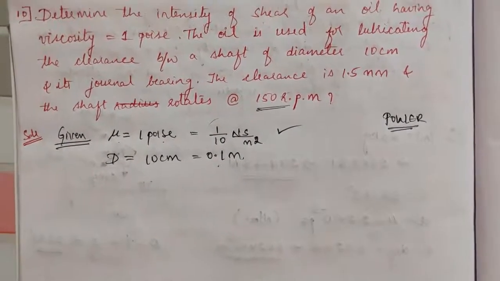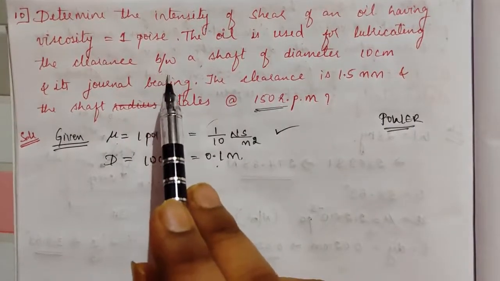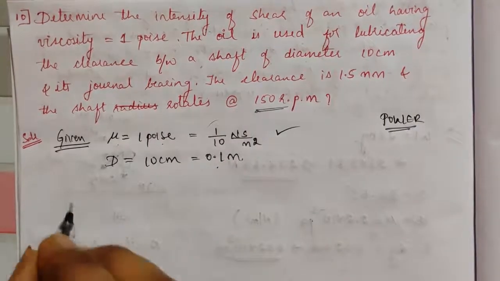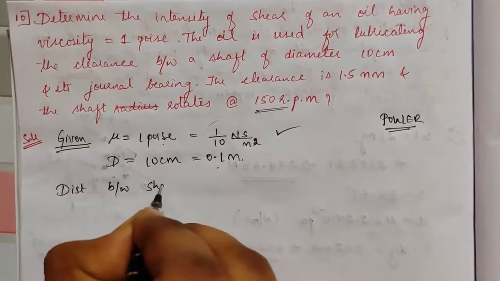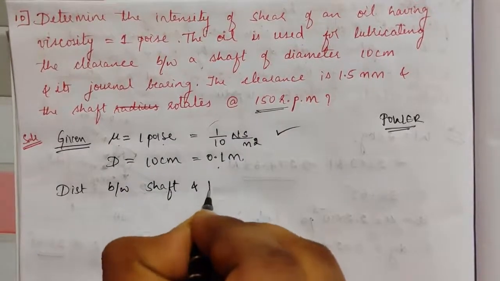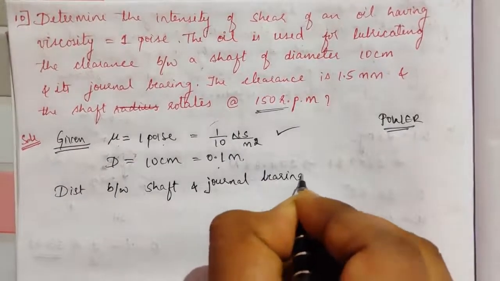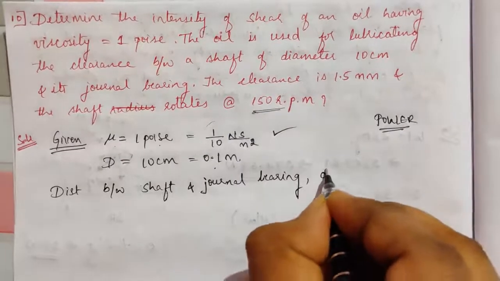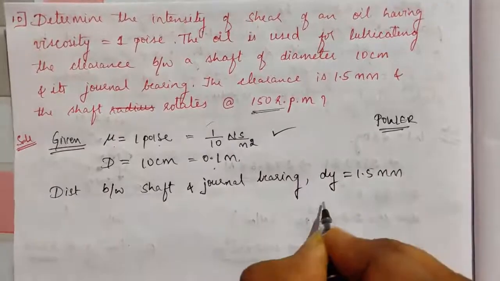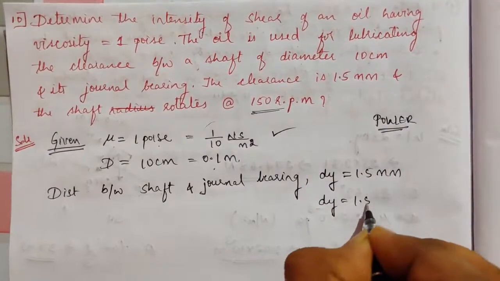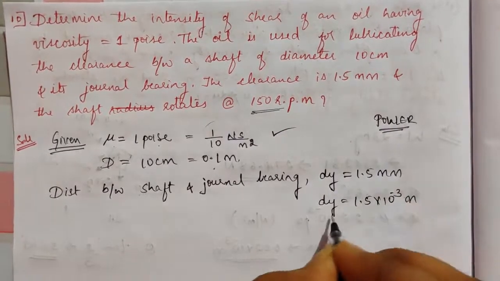Now the other given data: the distance between the shaft and journal bearing, the clearance, will be dy. So dy is equal to 1.5 mm, or dy is equal to 1.5 into 10 power minus 3 meter.